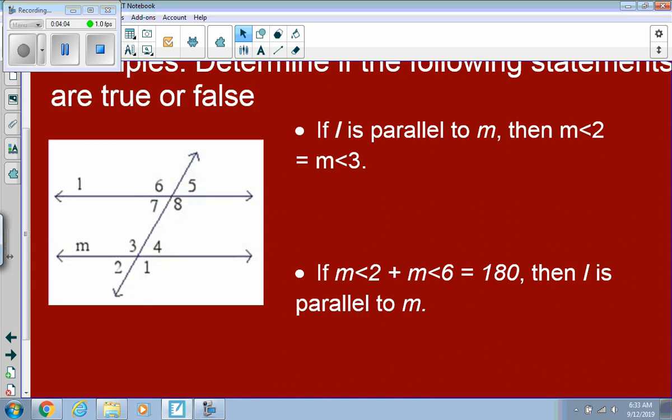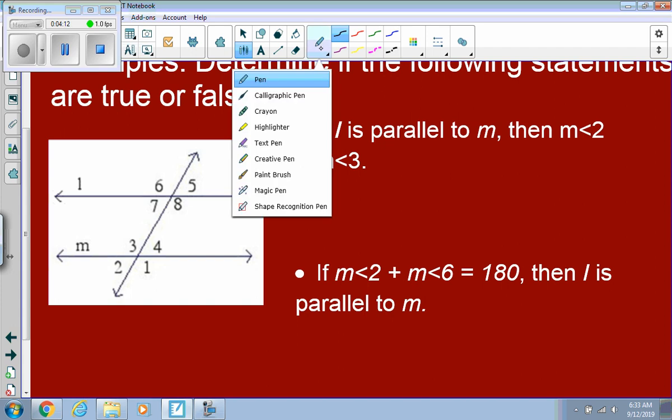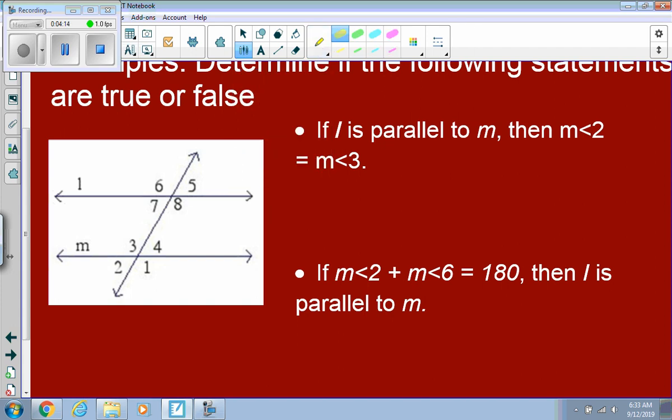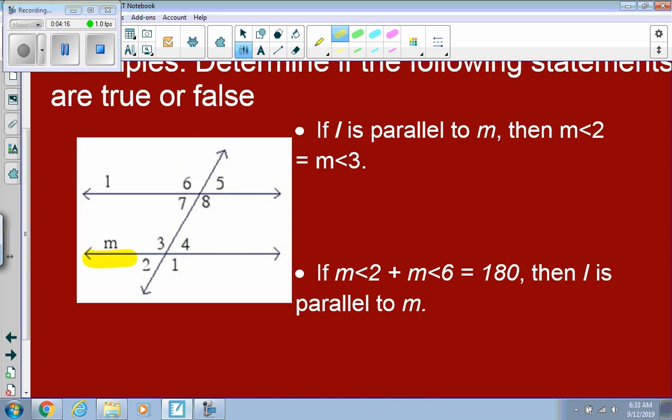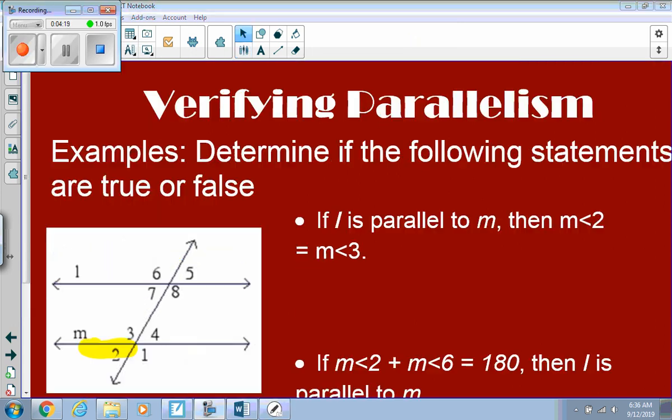So we have, if L is parallel to M, then the measure of angle 2 should equal the measure of angle 3. I'm going to get my highlighter out here. The measure of angle 2 has to equal the measure of angle 3 here.